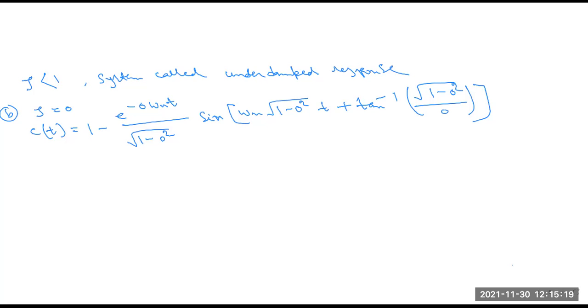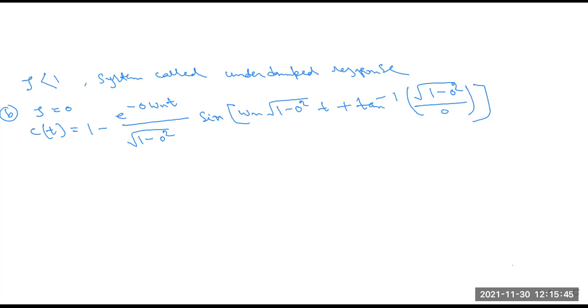This is the starting point, and from this one to this one is called 1 unit. So when zeta is 0, the equation is c(t) equals 1 minus cos omega n t, and this is the output waveform of the required format.